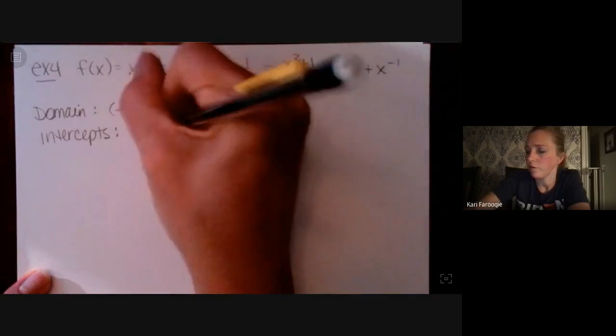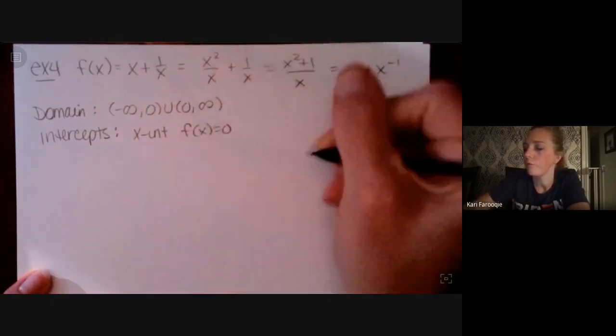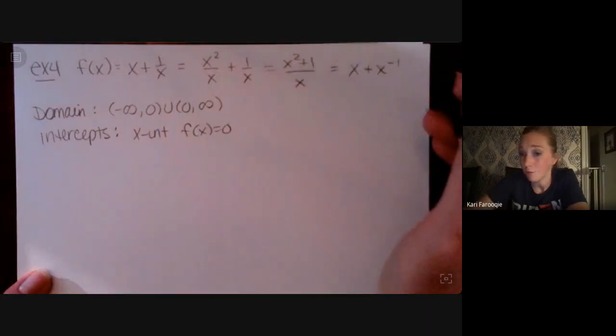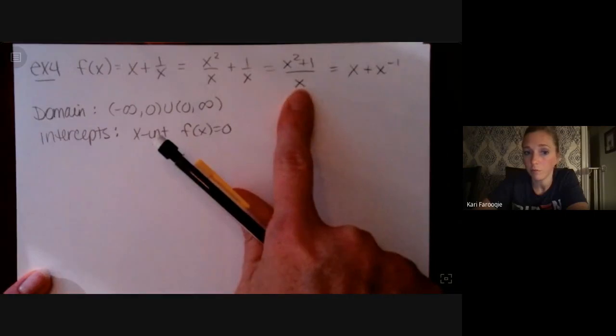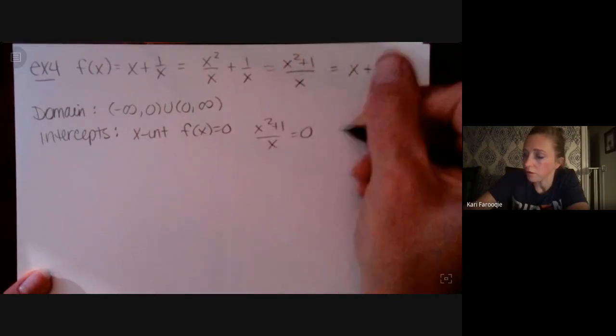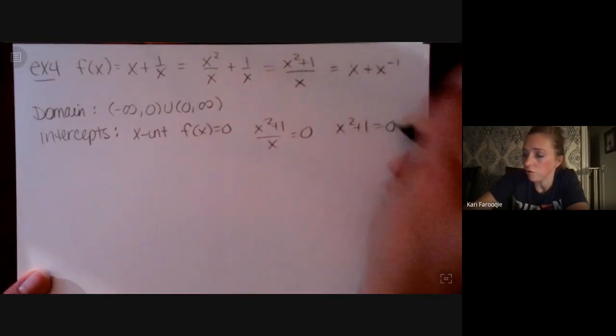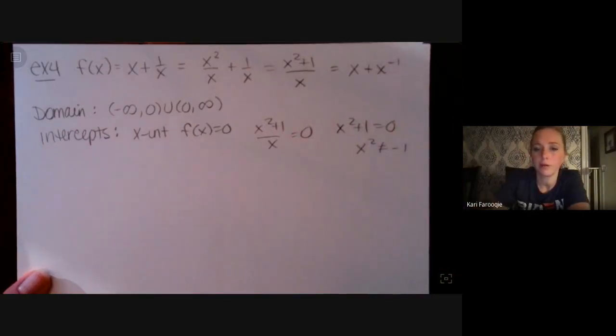To find the x-intercept, let y equal 0. That means we let f of x equal 0. Use whatever form you like. Personally, I feel like it's easiest to use this form if you're setting a function equal to 0. That just means the numerator has to be equal to 0. And remember, that cannot happen in such a case.